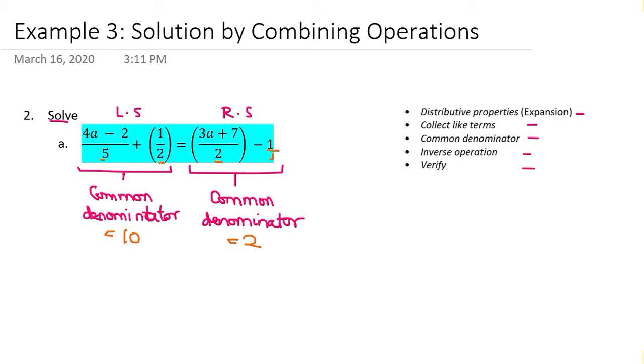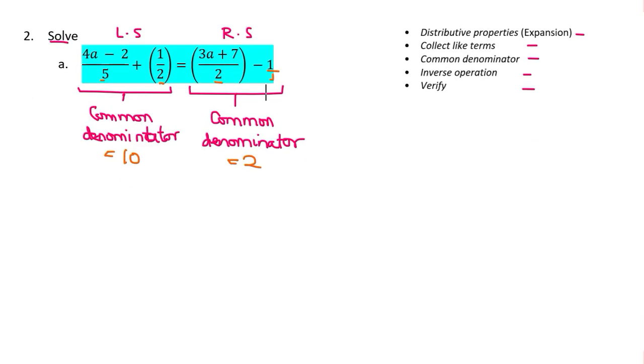So 2 and 1, the common denominator is 2. As a result, we need to treat the left side as a fraction solution that is separate from the right side solution.